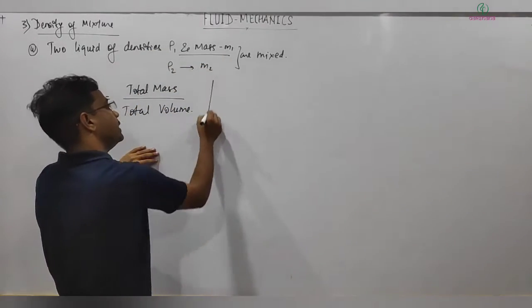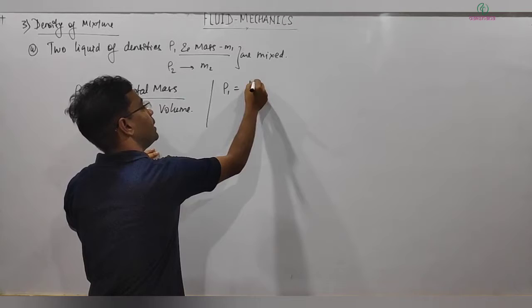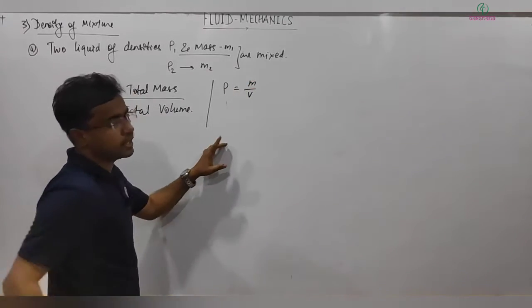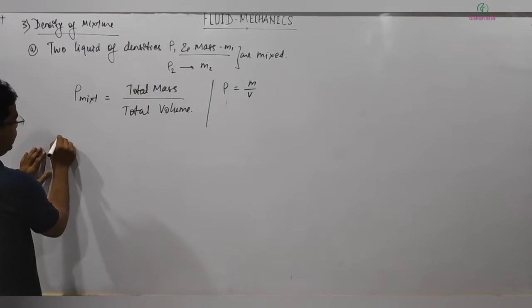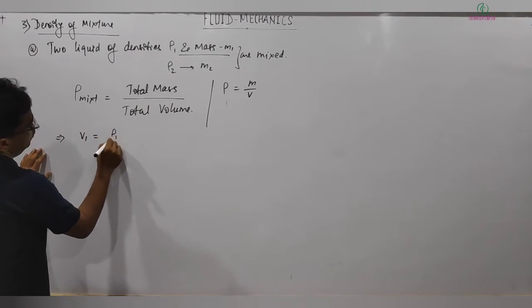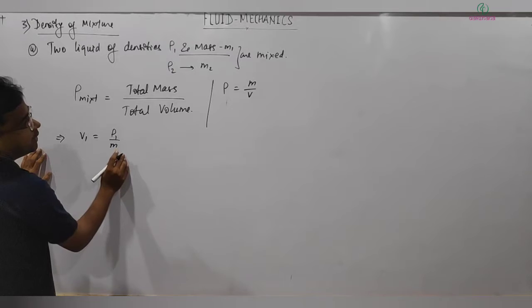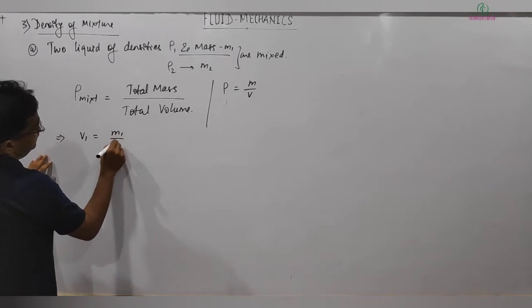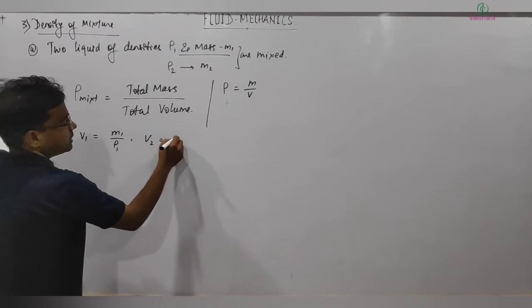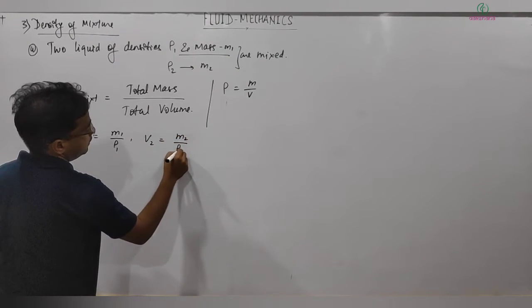Now here it's mentioned density and mass. We know density is equal to mass upon volume. Then how much volume of liquid one is mixed? This implies V1 can be written as m1 by rho 1. Similarly V2 can be written as m2 by rho 2.